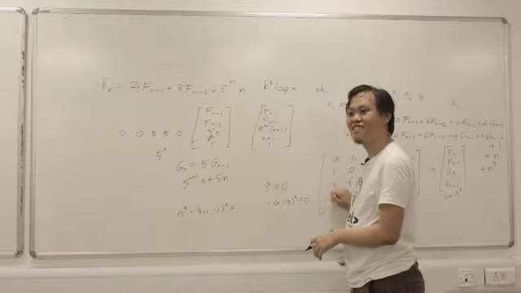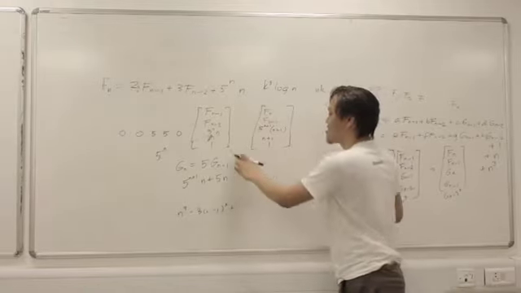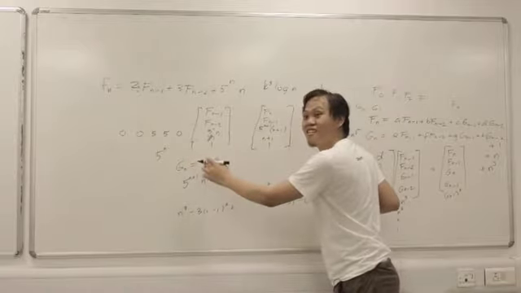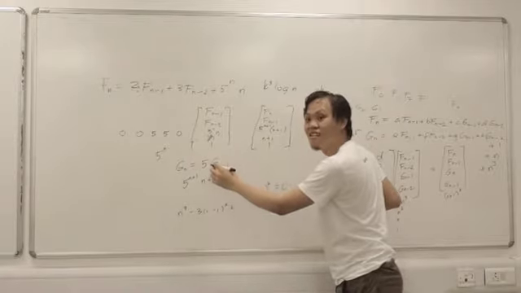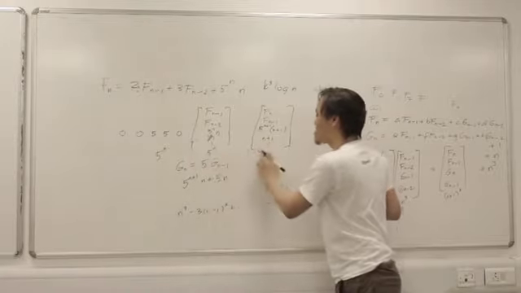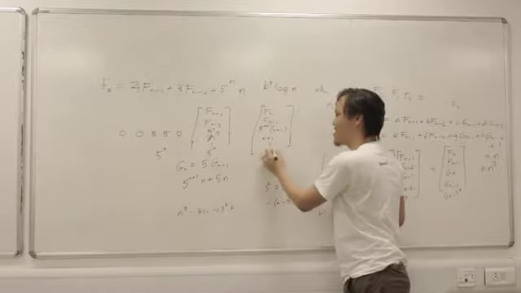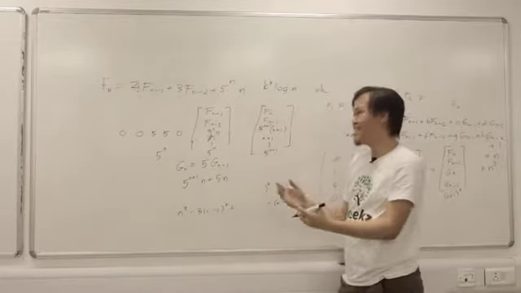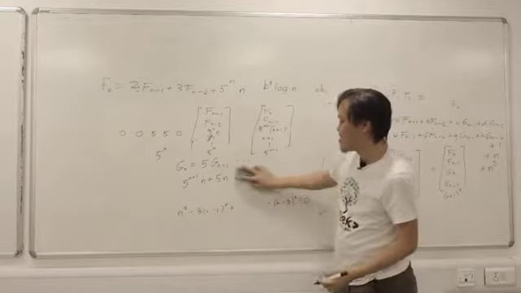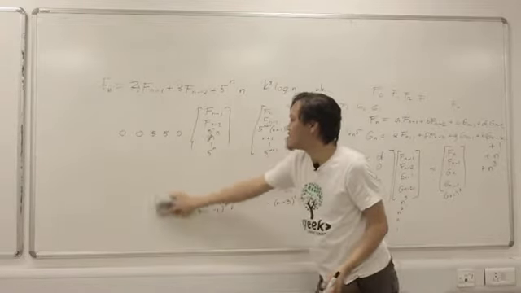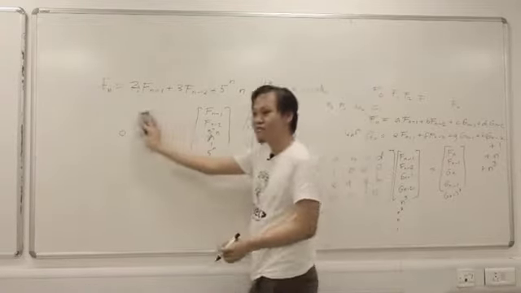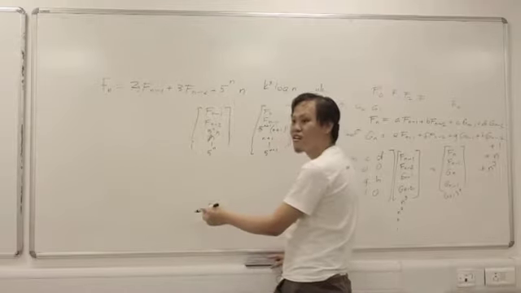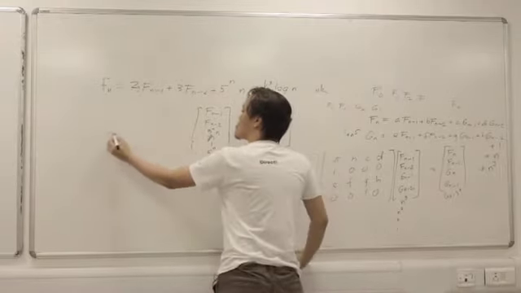We don't require n as well. We just require 5 to the power n. Yes, we have to add 5 raised to n. Okay? That's the idea. So we change our row to 0, 0, 5, 0, 0, 5.